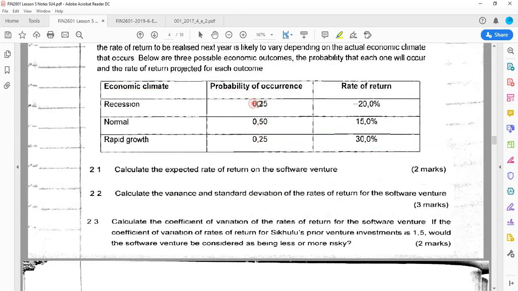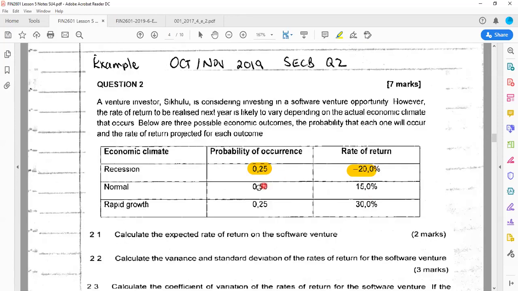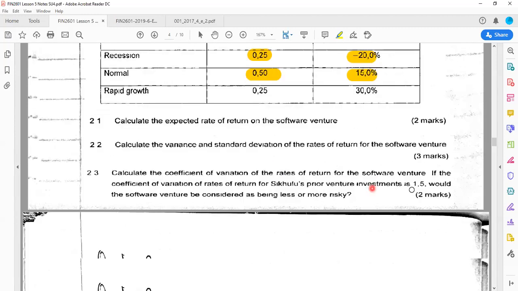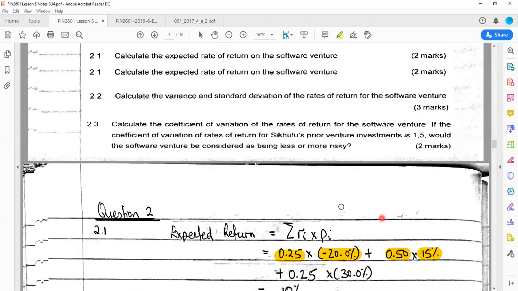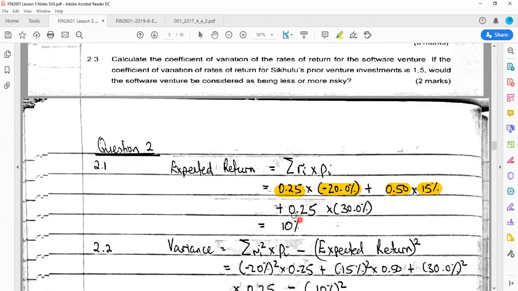And then we're going to say 0.25 times minus 20, plus 0.5 times 15, plus 0.25 times 30%, and that gives us 10% as our expected return.